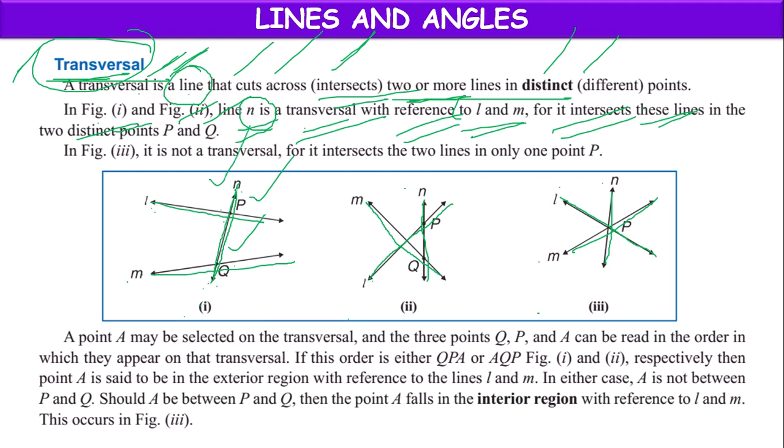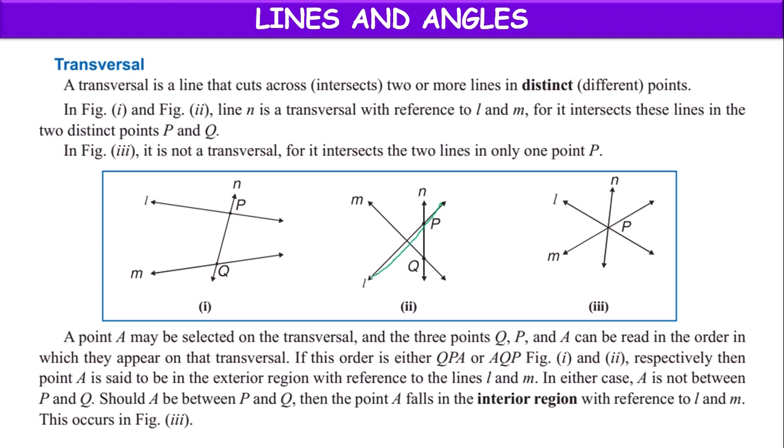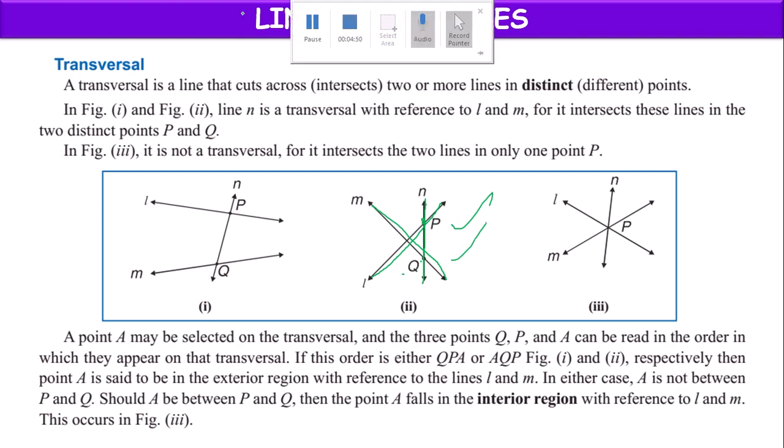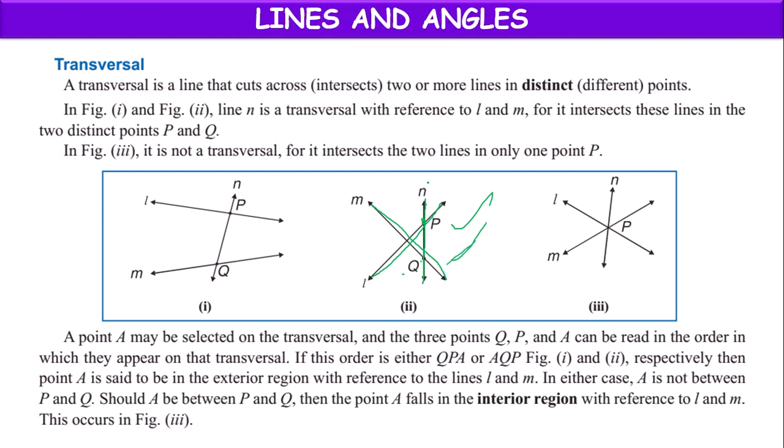So N is the transversal of L and M. In the second figure also, this is L and this is M. This N intersects line L at P and line M at Q at two distinct points. This N is an example of a transversal.